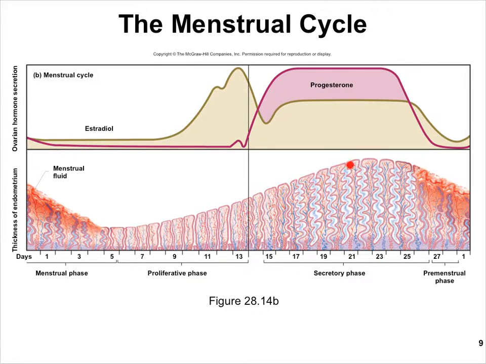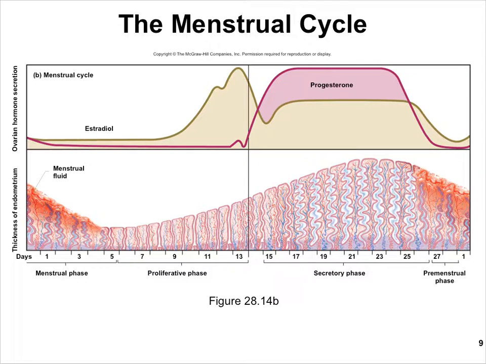The lining continues to get thicker in the third phase, the secretory phase, but in this phase it's not getting thicker because the cells are dividing, but rather because it's basically filling up with fluid, like a sponge expanding when you get it wet.